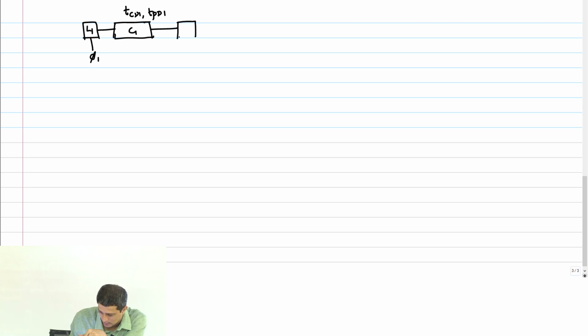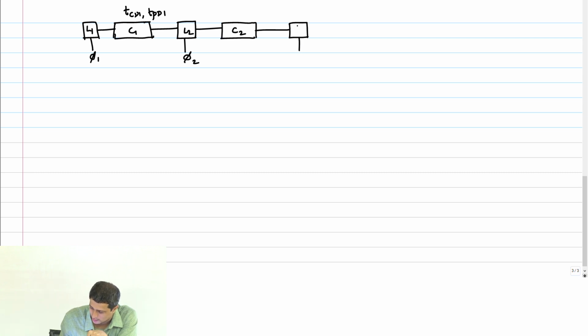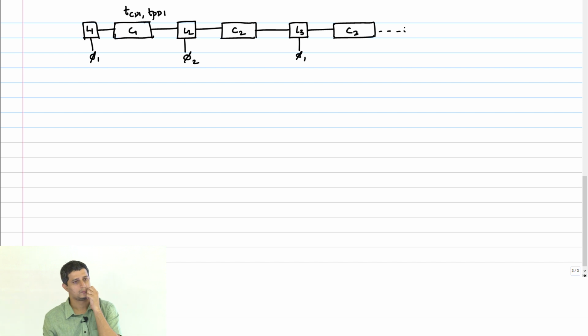Then I have L2, which is controlled by clock phi 2. Then I have combinational block C2, then going back to latch L3 controlled by phi 1 again. And then you have the following block and all that. This is C3 and so on. So first let's draw the two clocks.